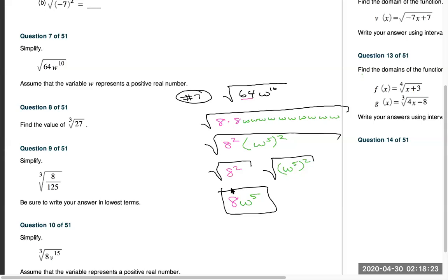Before we continue on to part 10, I do want to bring up the mention of radicals being fractional exponents now. So I'm going to go ahead and move this up.